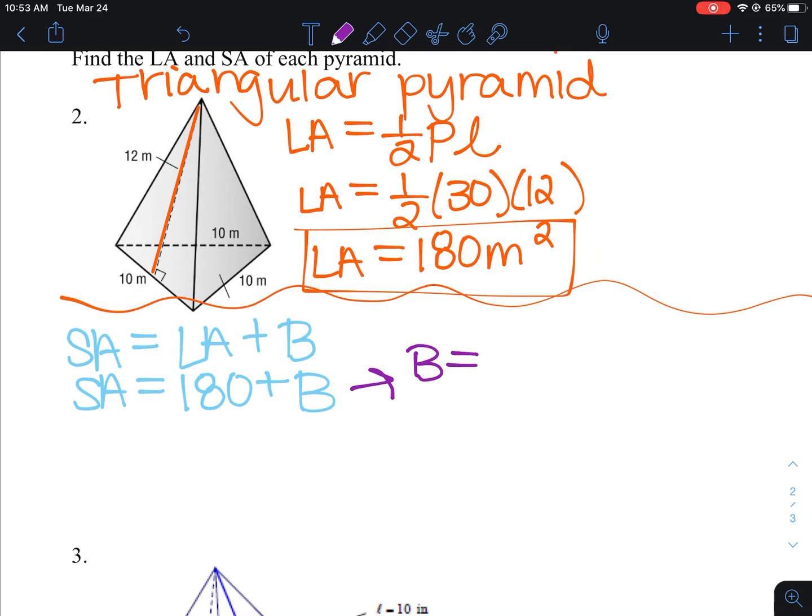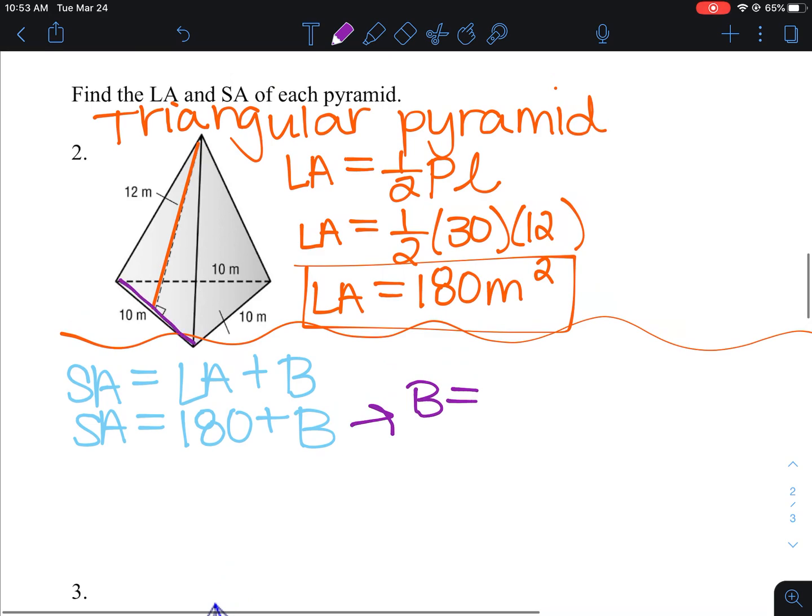The area of the base: we have to think about what's the shape of our base here. It's right here, that's an equilateral triangle. It tells us all three sides are 10. You have to recall from last chapter what the area of an equilateral triangle is. Hopefully you still have your formula sheet or your notes, or you could Google it. The area of an equilateral triangle was the side squared, square root 3 over 4.